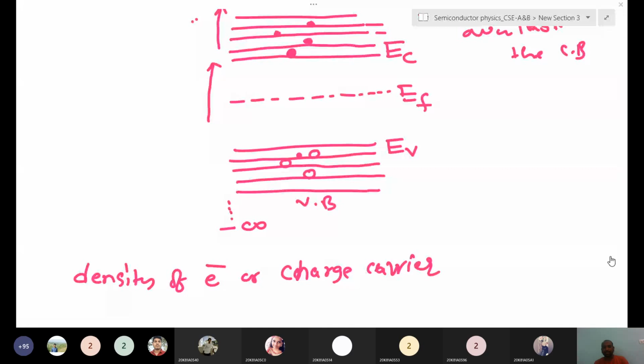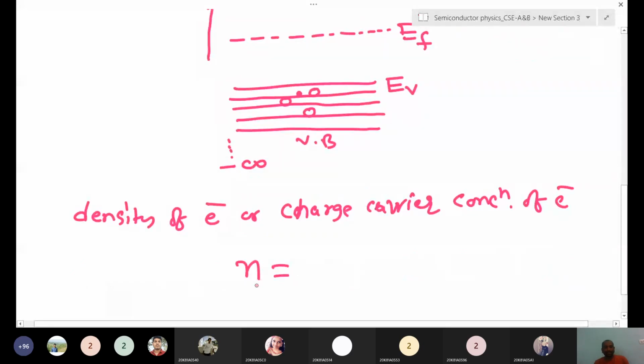We are calculating only electrons in the conduction band. After that, we'll calculate holes in the valence band. Now the formula is given by N, the number of charge carriers, that is, the density of electrons in the conduction band. What is the lowest energy in the conduction band?